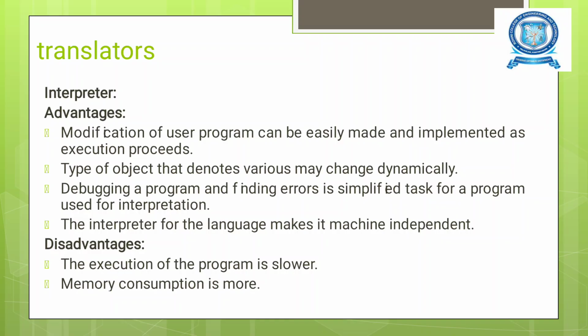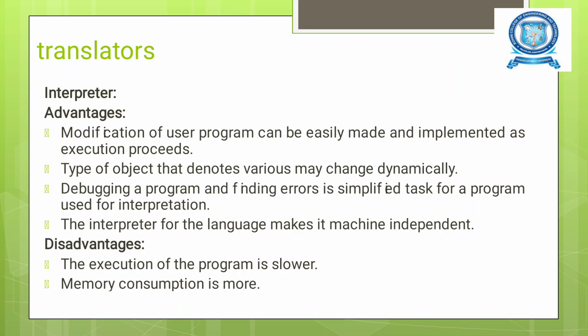It also has advantages: modifications of the user program can easily be made and implemented during the execution process. Types of objects that denote various values may change dynamically. Debugging a program isn't efficient, but that's a disadvantage. The execution of a program is slower.